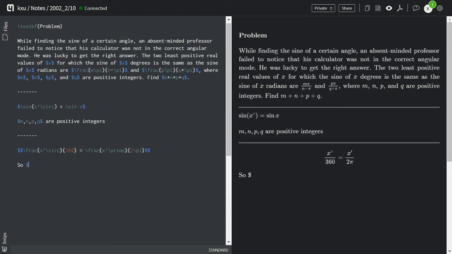So if we want to convert this into radians, then x prime is equal to pi x over 180. And this is just converting our degrees into radians.